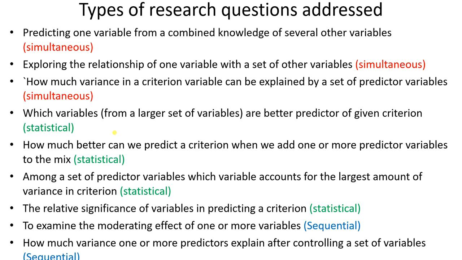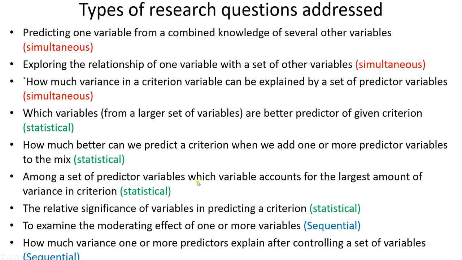I have just explained this. How much better can we predict a criterion when we add one or more predictor variables to the mix? Again, we can go for the statistical method if we are adding one by one in the set. But we can go for sequential also if the sequence is decided or determined by the researcher.